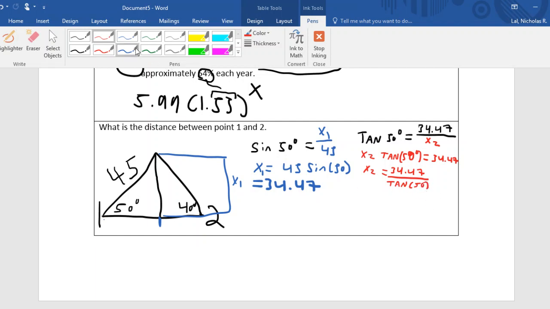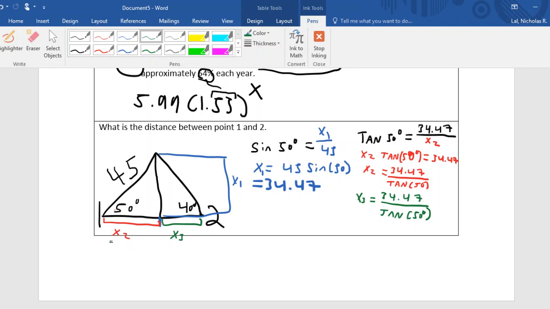And by the same logic, if we call this length x3, x3 is going to be equal to 34.47 over the tangent of 40. So by the same logic that we found x2, we can also find x3.